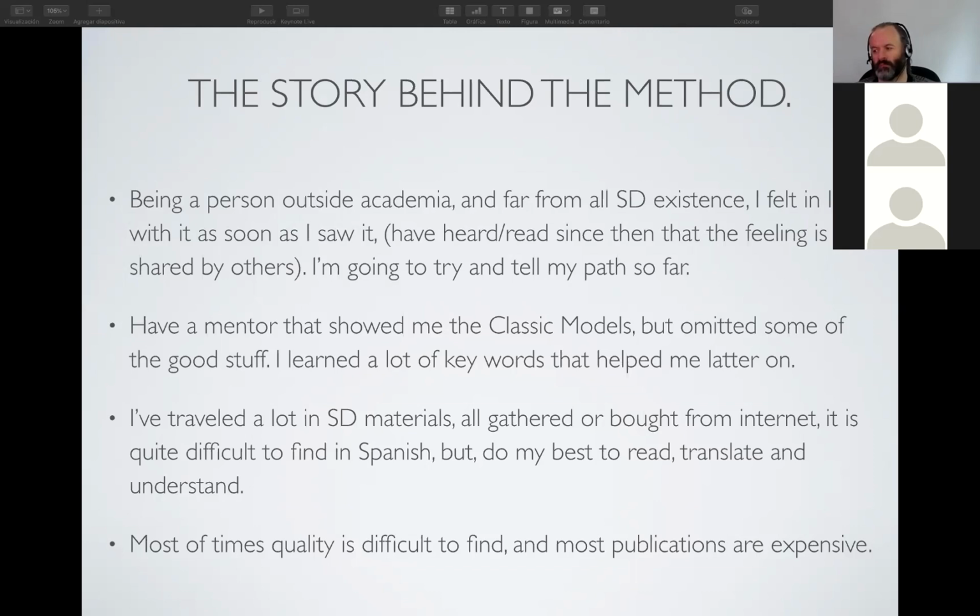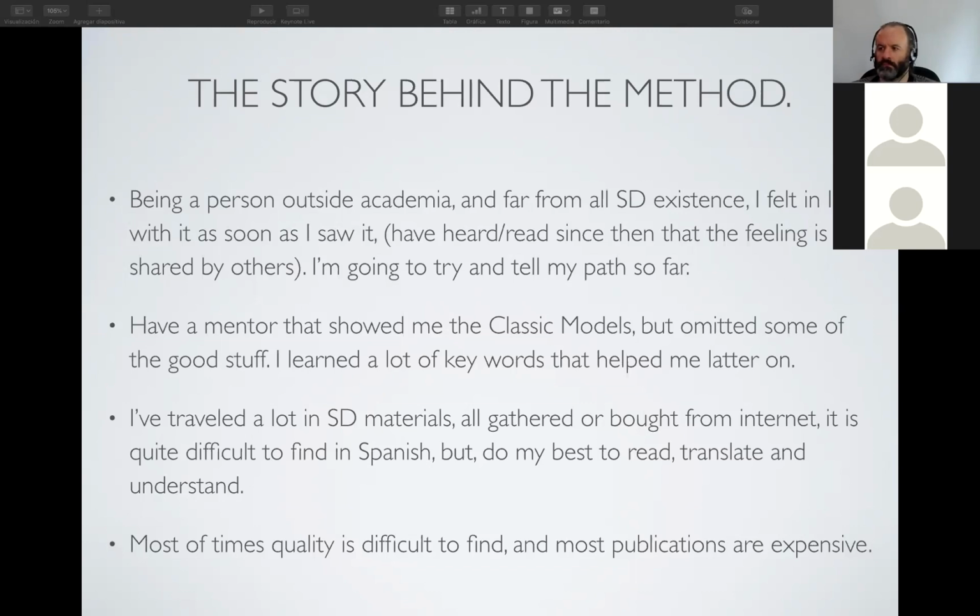So I have a mentor here in Monterrey. He showed me some classical models, but he omitted the concepts. He was teaching me how to be proficient at telling the same stories, right?